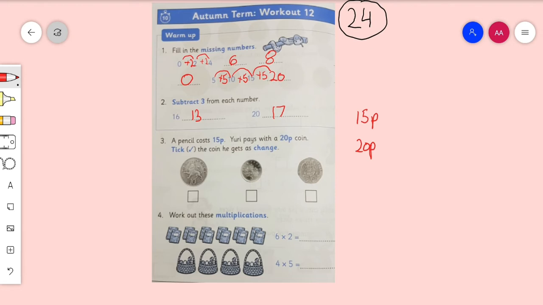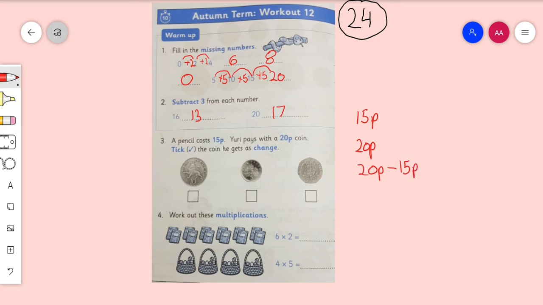The amount of money he gave was 20 and it's a bigger number, so to find the answer we need to see how much money he gave and subtract how much the pencil costs. 20p take away 15p.